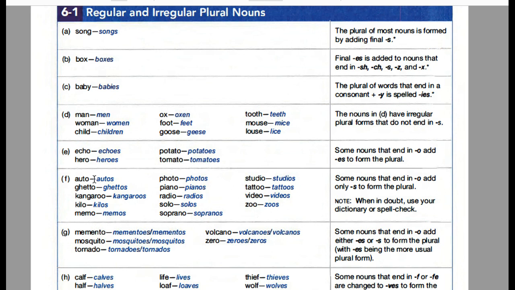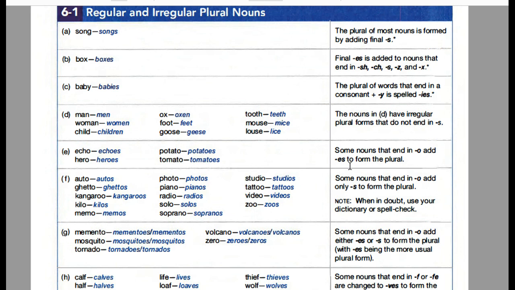What you have to memorize is the normal singular and plural nouns, and the irregular nouns, and how to pronounce them: goose, geese; louse, lice; mouse, mice; tooth, teeth; ox, oxen. Then we have echo, echoes; hero, heroes; potato, potatoes; tomato, tomatoes; auto, autos; kangaroo, kangaroos; soprano, sopranos; zoo, zoos.